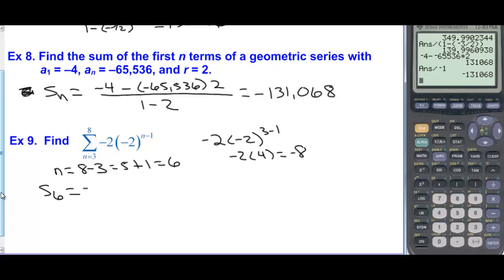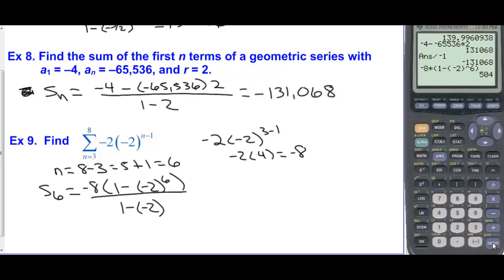So the first term is -8 times 1 minus -2 to the 6th power divided by 1 minus -2. We have -8 times 1 minus -2 raised to the 6th power, and then we will divide that by 3, which is 168.